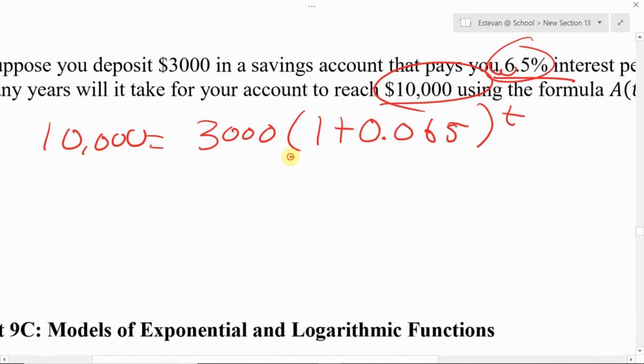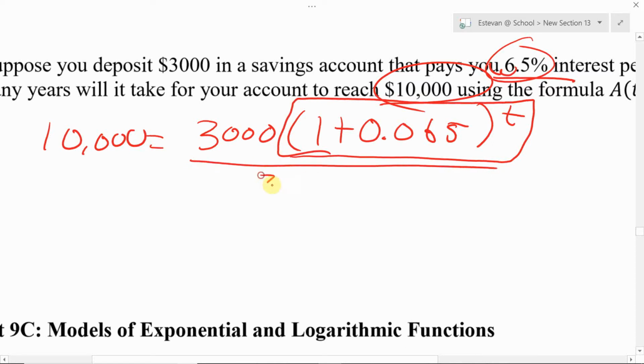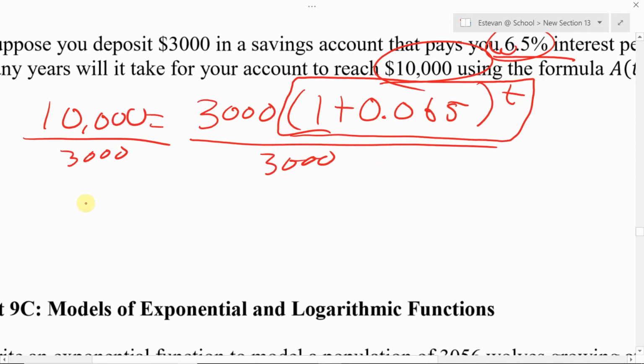We need to get your base and the exponent by itself. So we need to divide both sides by 3000. This results in 10 over 3. I'd rather keep it in fraction form. It is equal to 1 plus 0.065, which will be 1.065 raised to the t.